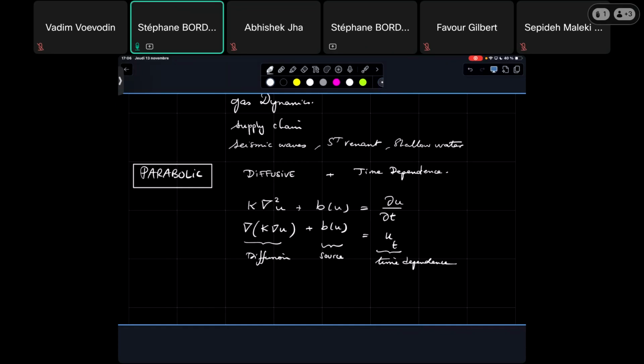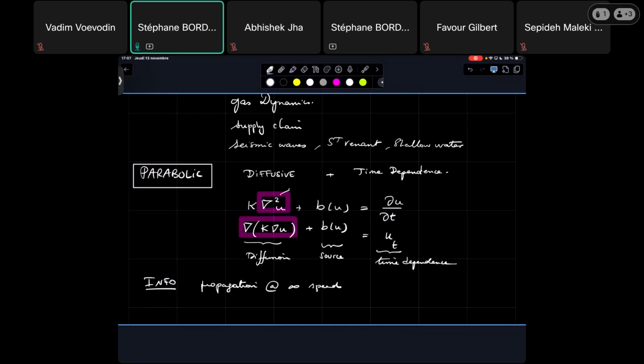So what do we know here? Information propagates also at infinite speed. Because you have diffusion, you have a very smooth solution, so every time you see the Laplacian here, you can always think that the solution will be smooth.